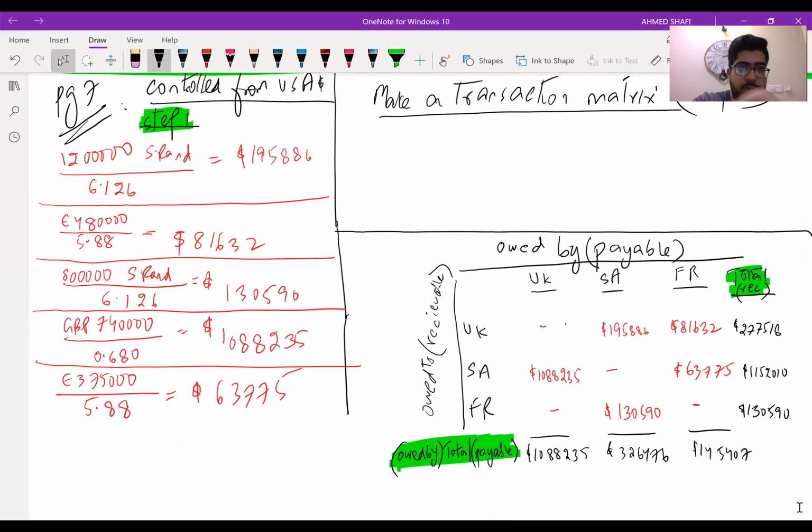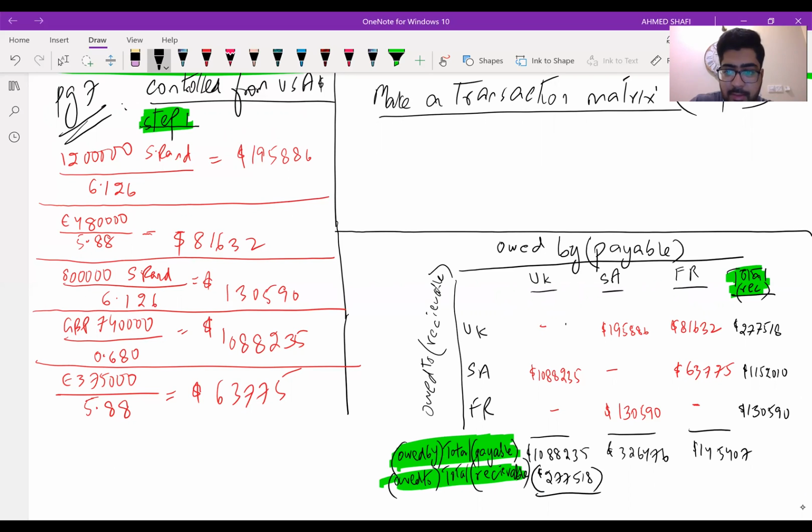Last step which you have to do is, you have got the total of payable, you have got the total of receivable. Deduct the total of receivable or owed to from the total of payable. So total payable of UK was 1088,235. Total receivable was 277,518. Deduct this. Okay.